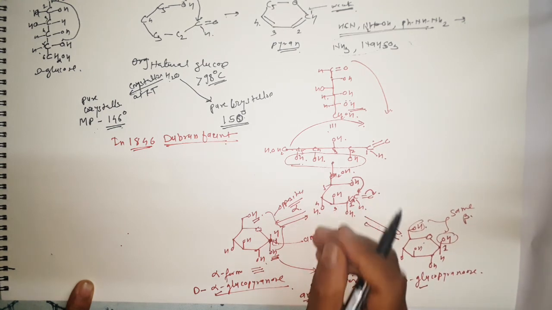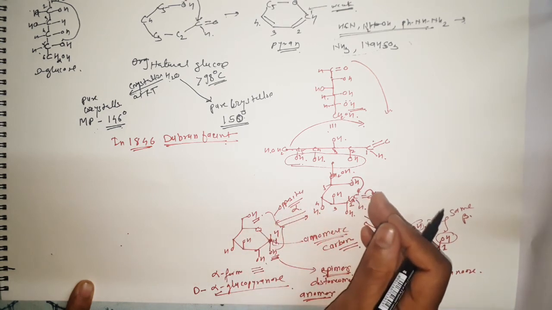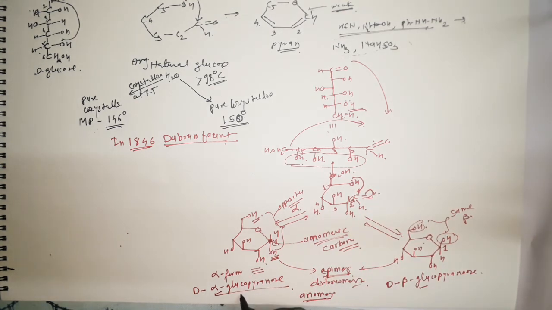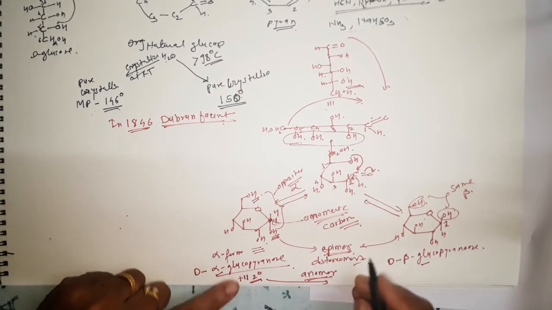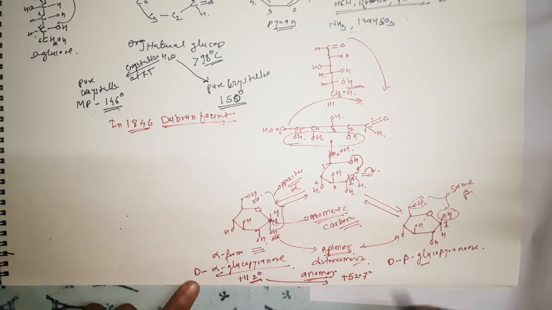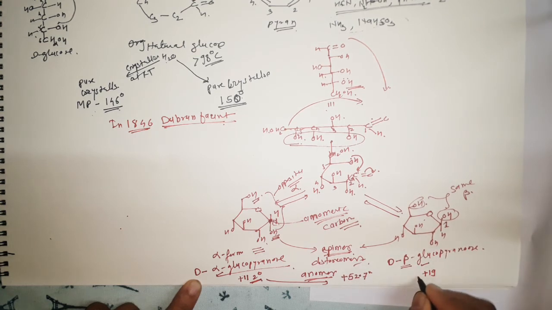He observed that the alpha form shows an optical activity of plus 12 degrees, and with time it gradually changes and remains constant at plus 52.7 degrees. And for the beta form, initially it shows plus 19 and gradually it increases to plus 52.7.